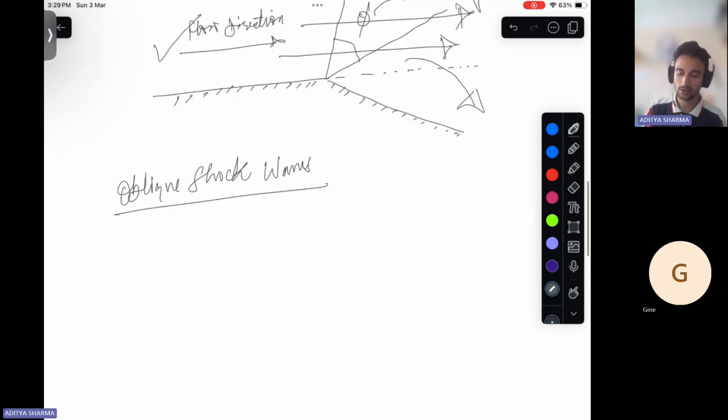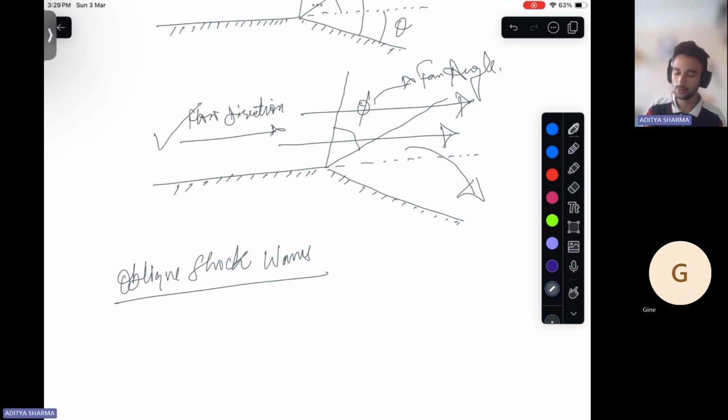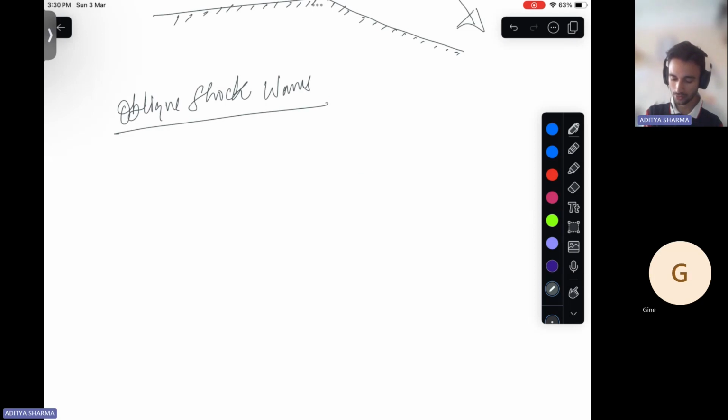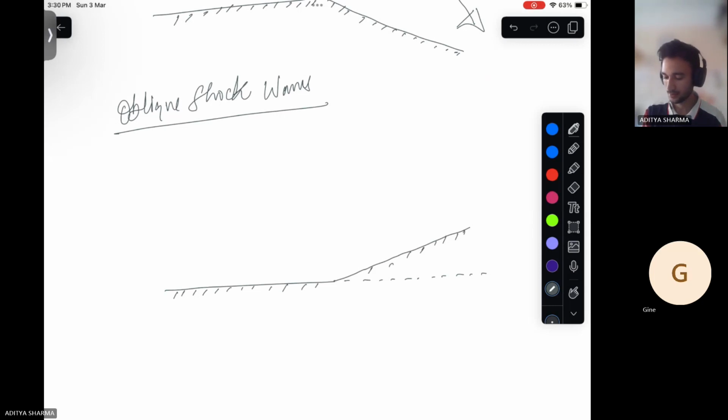But if we move this flow towards itself, the thing we get is an oblique shock. So if I draw it, this is theta.